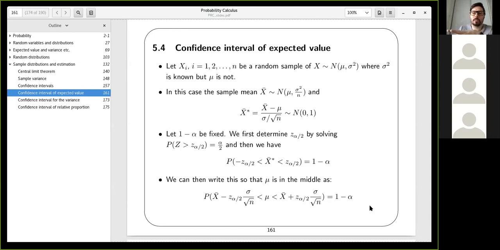This may be a hard thing to understand, but the random thing is not the thing in the middle. It's not an interval where the ends are fixed and the mu varies there. Instead, mu is fixed and the ends vary like this. And we get a random sample, and with probability 1 minus alpha this interval lands so that the mu is somewhere in the middle.